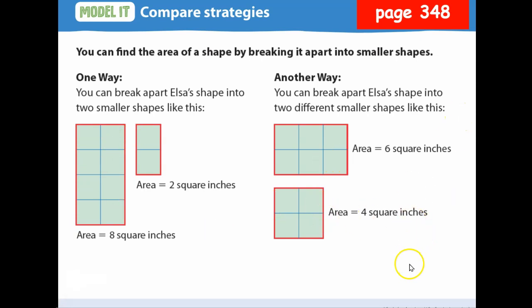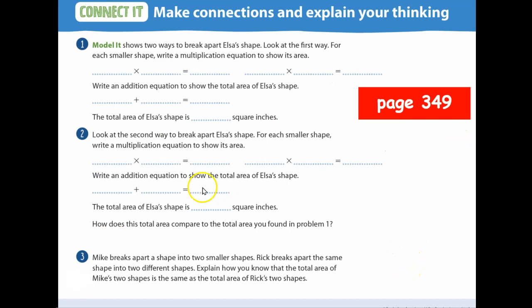All right. This doesn't make sense. All right. Now I know what it says.